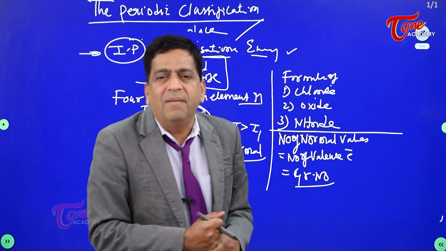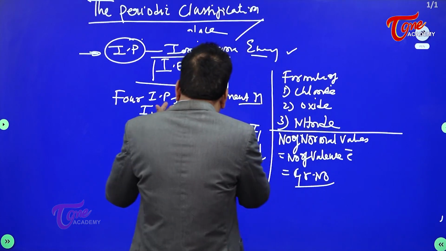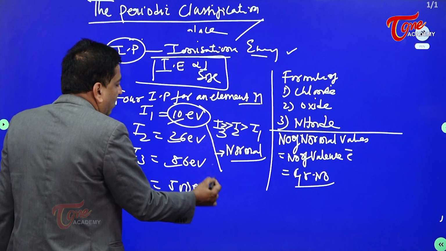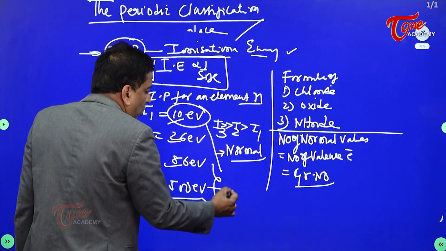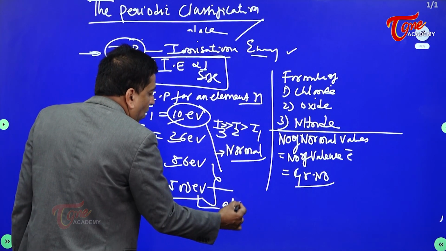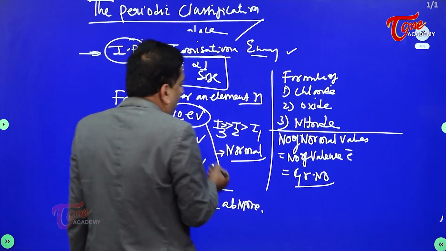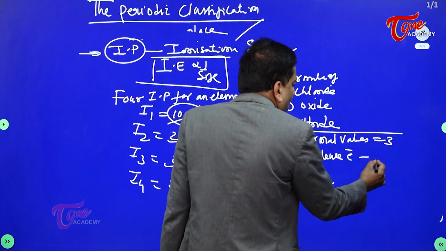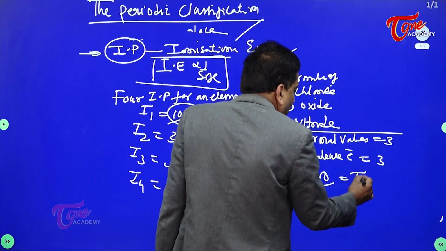So the number of valence electrons present in the outermost shell is the group number. Here the values 10 are fine, 26 is fine, 86 is fine, but this is a huge jump. This seems to be an abnormal value. In this case the number of normal valences is 3, valence electrons are 3, so the group number is 3.